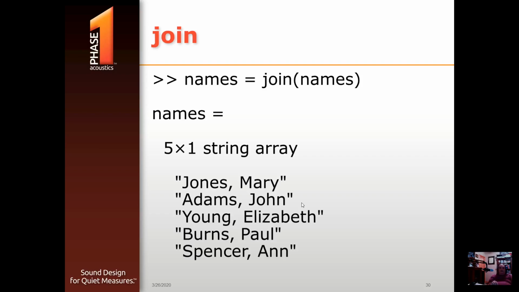As I mentioned, if you have one character array that has 2 elements and another character array that has 1 element, and you try to make that 2 rows by 1 column, MATLAB's not going to be happy, because the first one is 1 by 2, the second one is 1 by 1, right?